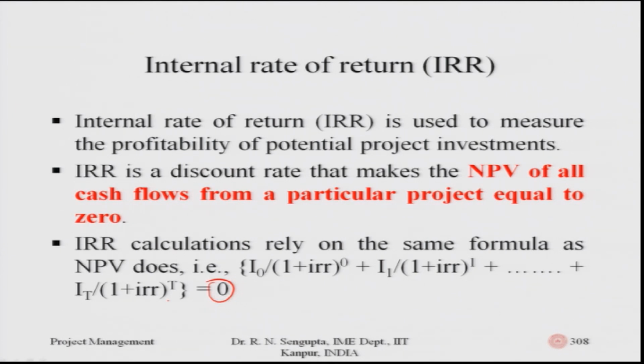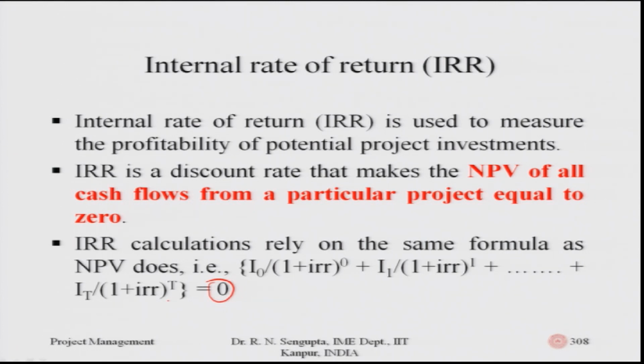So, what I have is that I0 is the so-called investment at time t equal to 0 divided by 1 plus IRR to the power 0, because the time frame is 0. Then for the second time period you have I1 divided by 1 plus IRR to the power 1, and correspondingly the last value is IT, I suffix capital T, divided by 1 plus IRR to the power capital T. So, this sum is 0.